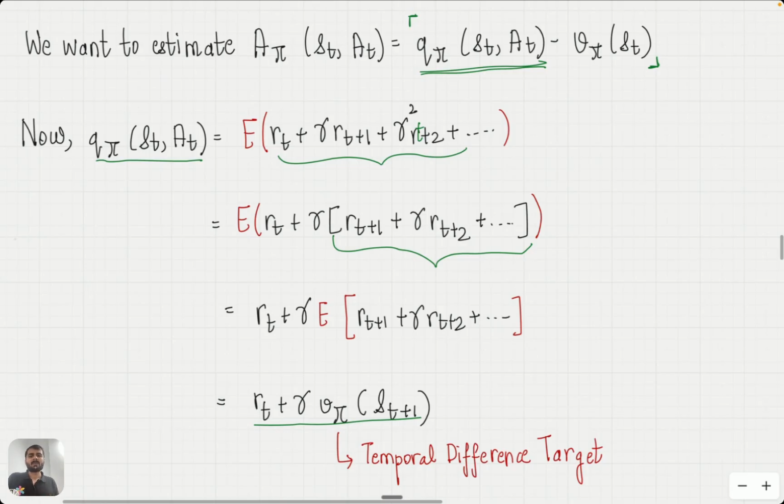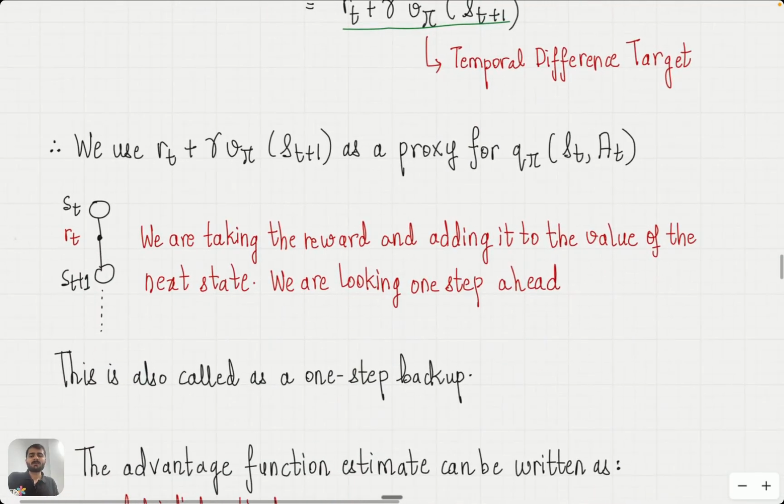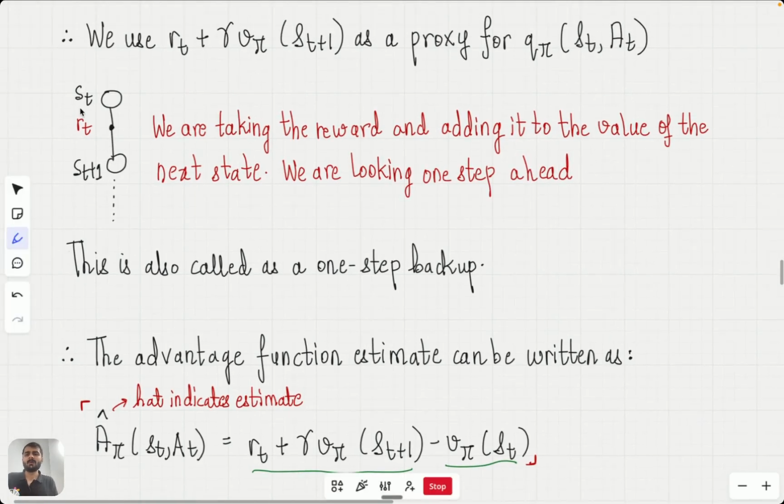So basically, we can replace the advantage by this formula: rt plus gamma v pi of st plus 1 minus v pi of st. The hat here indicates that this is only an estimate of the advantage function. Now remember that here we are only looking one step ahead from the state st. So it is also called a one step backup.